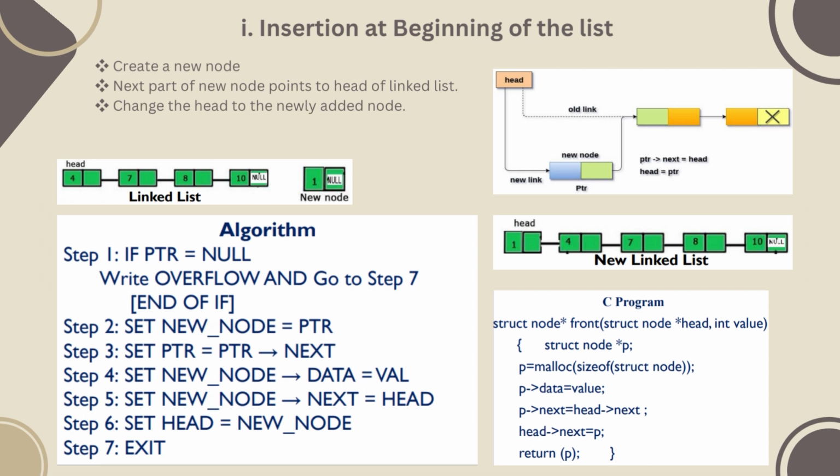Head will contain the address of the new node. The address part of the new node will contain the address of the previous first node. That is, the node having data value 1 will contain the address of the node having the data value 4.